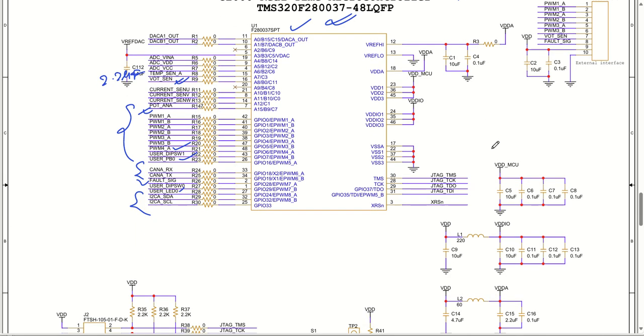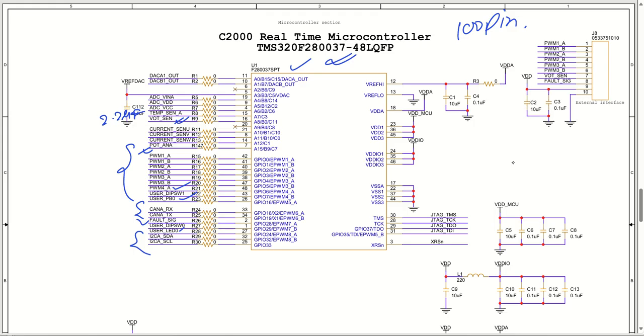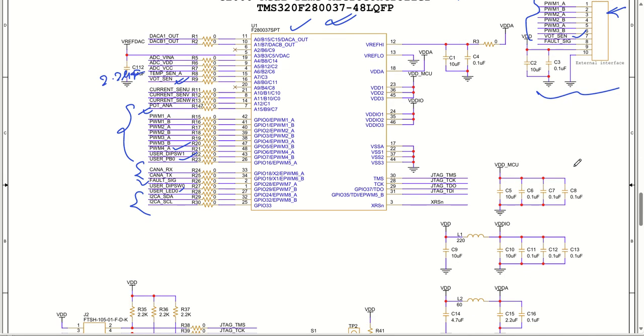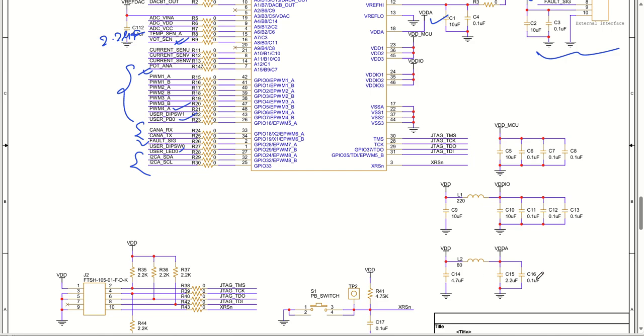Now this microcontroller also supports an external board. If you do not want to use the internal IPM, a 10 pin connector is given, comprising the PWM signal outputs, the temperature sensor output and the fault signaling output. Got it? Coming back to the decoupling capacitors, VDD-A has 2.2 microfarad and 0.1 microfarad.